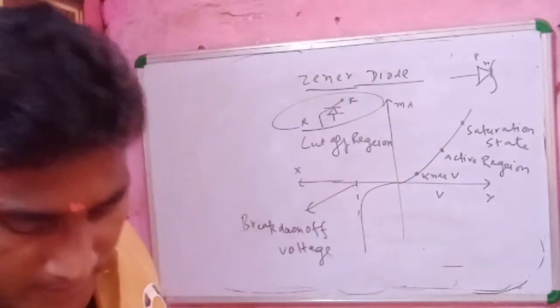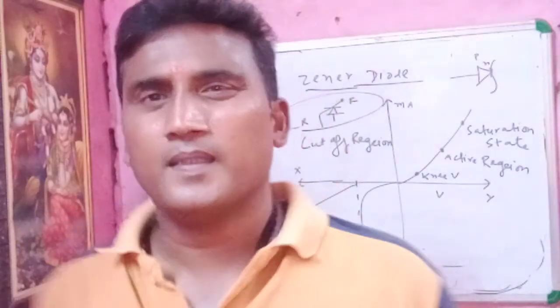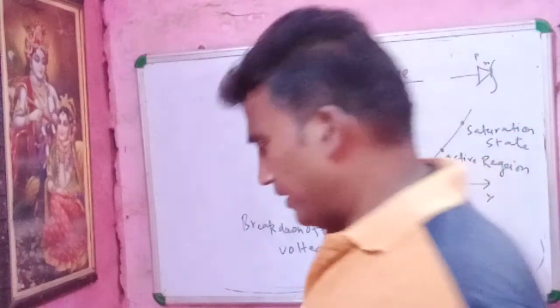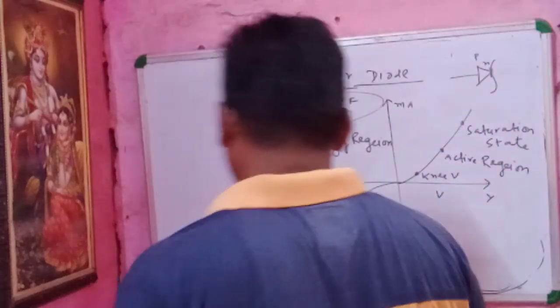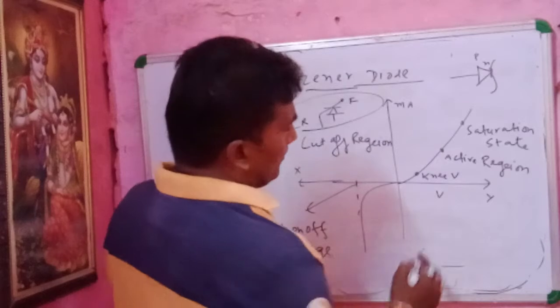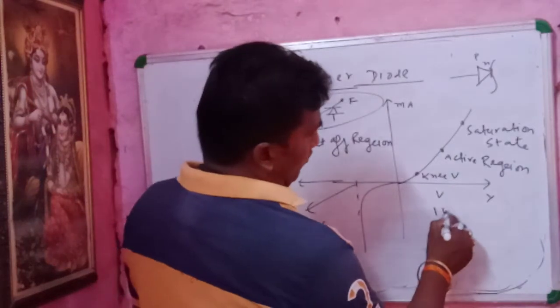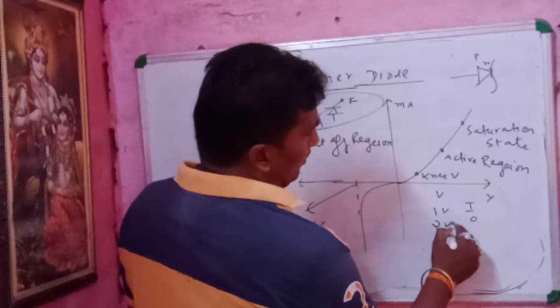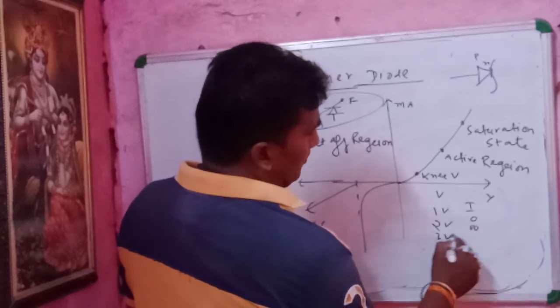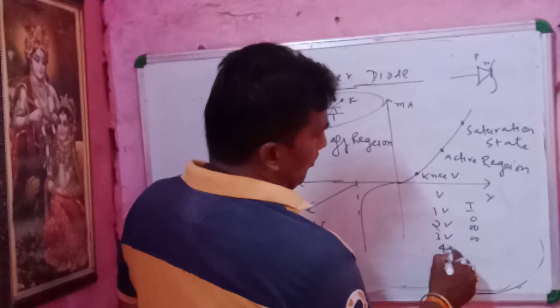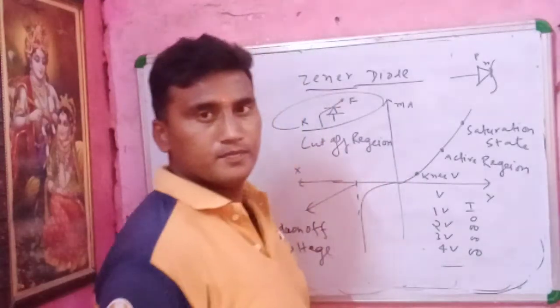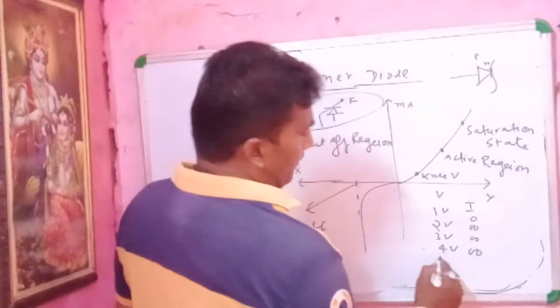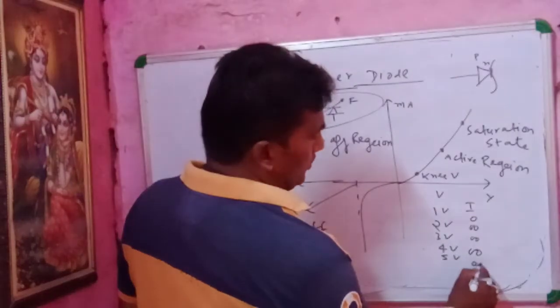It is generally an experimental topic. When we observe the readings on the Zener diode, at 1 volt the value of current is 0, at 2 volt 0, 3 volt 0, 4 volt 0, and at 5 volt it is also 0.